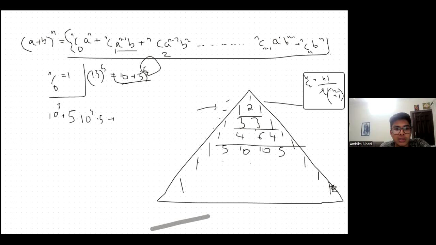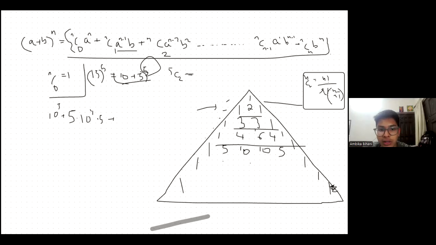Okay, so in this case, I just want to find 5C2. That means, in how many ways can you select two objects out of 5?